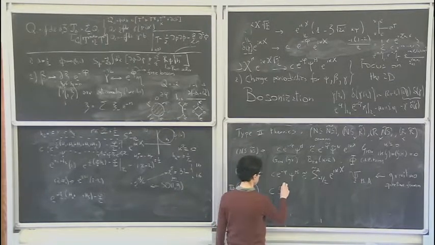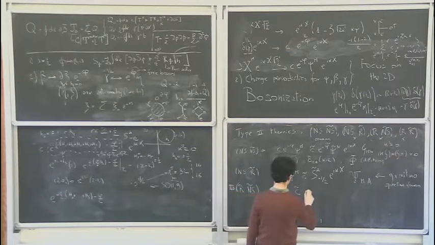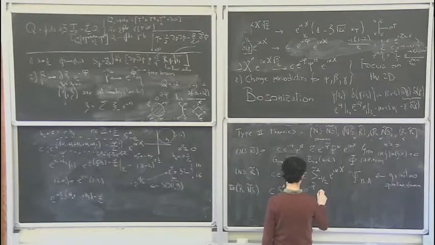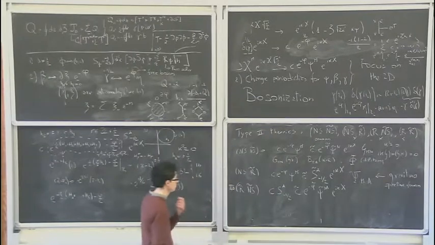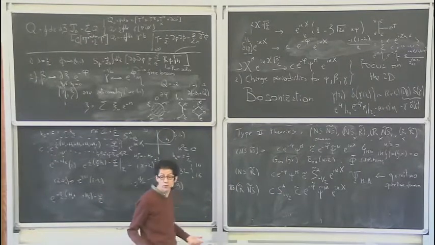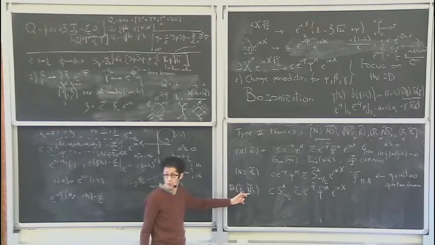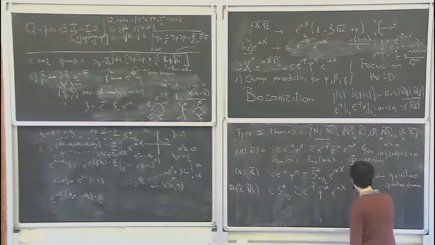And so you get another gravitino. One gravitino for the Neveu-Schwarz-Ramond sector and one gravitino from the Ramond-Neveu-Schwarz sector. And the second gravitino you have is just an identical copy of the first gravitino. So let me call this gravitino 1 and this gravitino 2.